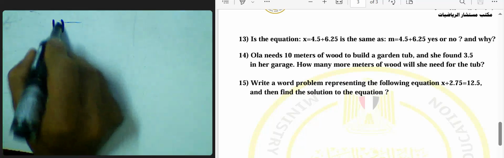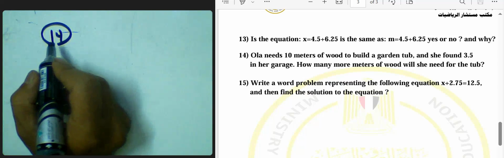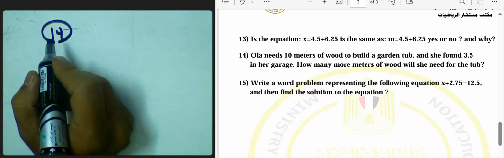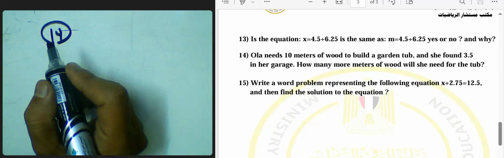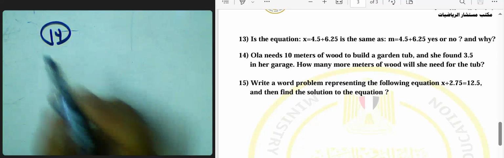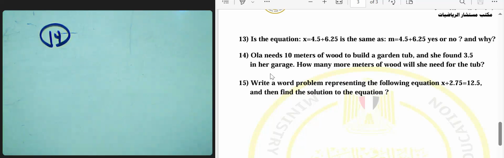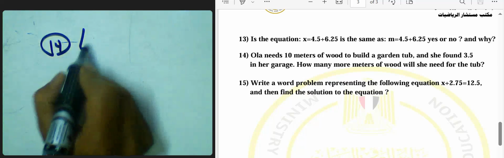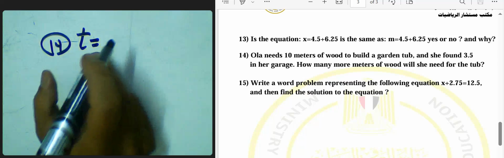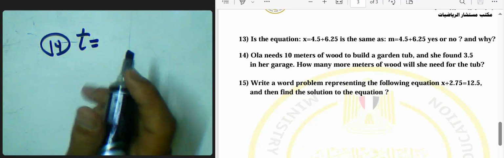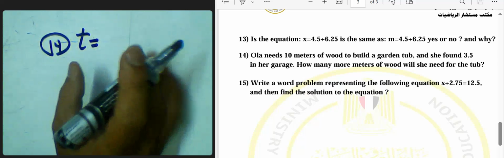Next question, number 14. Ola needs 10 meters of wood to build a garden tub. And she found 3.5 in her garage. How many more meters of wood will she need for the tub؟ يعني محتاجة قد إيه عشان تكمل ال 10؟ فتعمل ماينس. يبقى التي هنا هنفرضها لأن هي يا ولاد دي T equal the meters of the wood she will need for the tub.